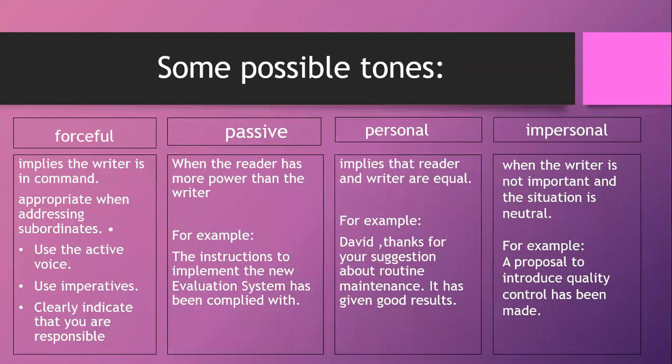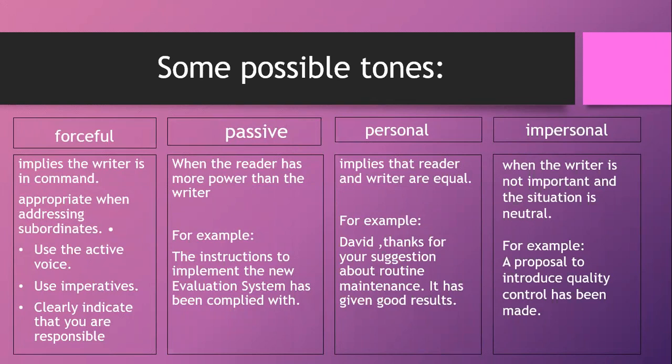The writer is not important and the situation is neutral. We just want the world to know what happened. So we use an example such as: a proposal to introduce quality control has been made.